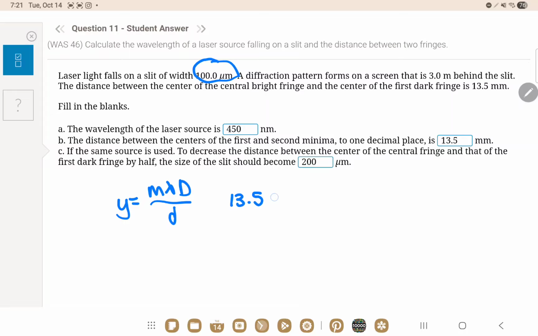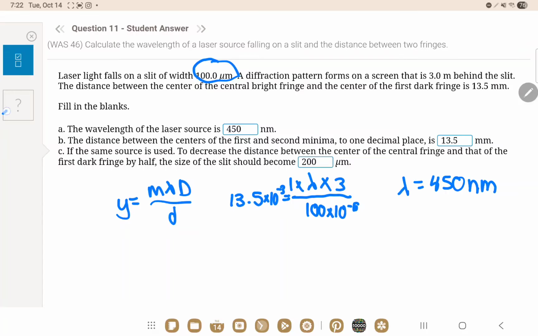So you just do 1 times lambda, which is what we're trying to find, times they told you it is 3 meters behind the slit, and over this, which is 100 times 10 power negative 6, and I accidentally forgot to do times 10 power negative 3 here. Please don't forget in the exam. You're gonna get lambda equals something around 450 nanometers.